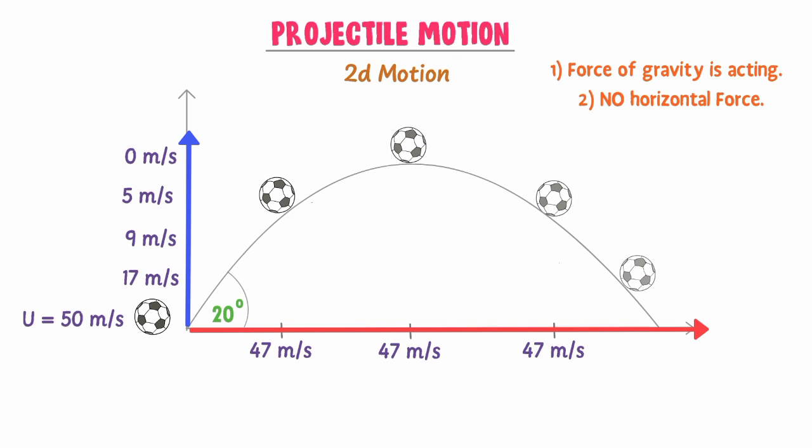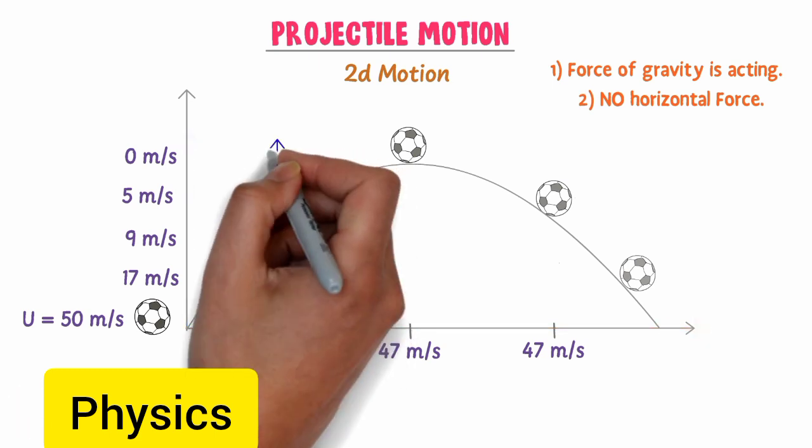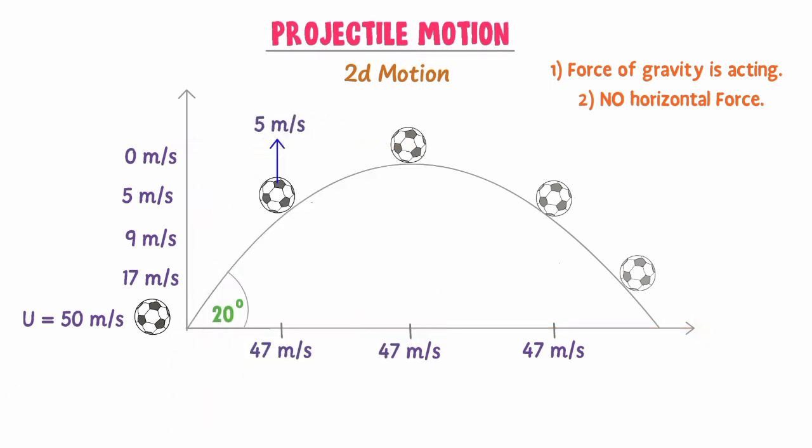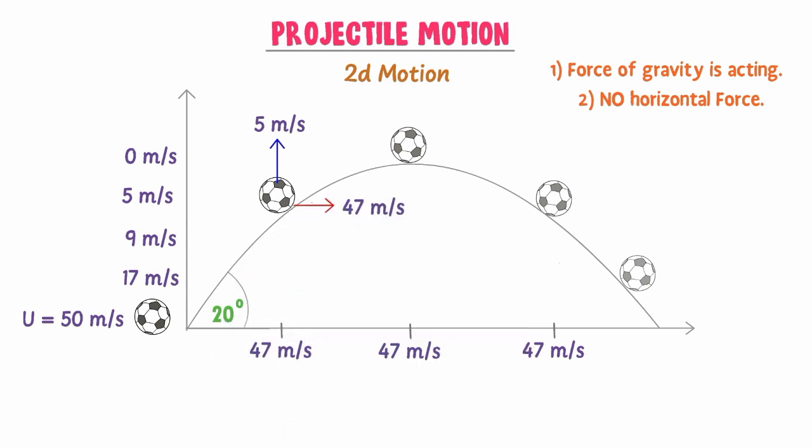Now let me analyze the motion of the projectile or the ball at each and every point, which will further strengthen your concepts. For example, at this point, the vertical motion of the ball is 5 meter per second and its horizontal motion is 47 meter per second.